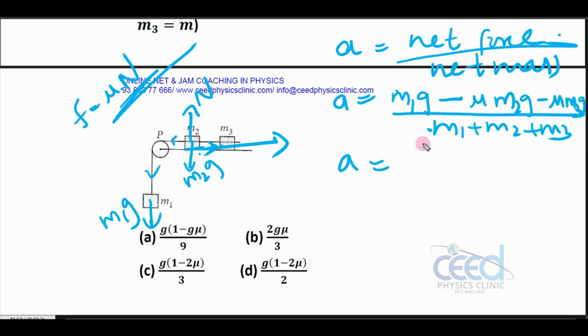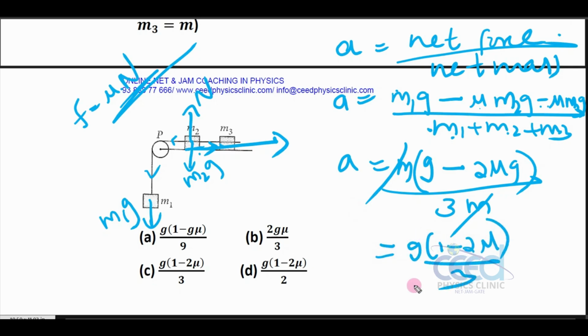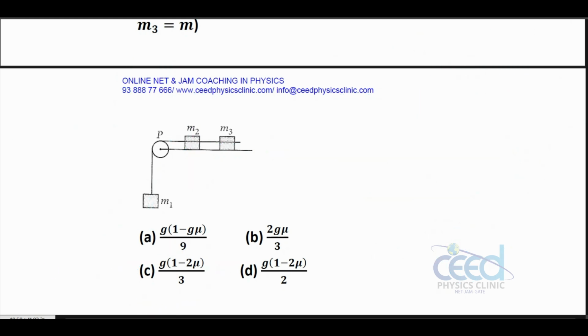Then you can take m out: g minus mu g minus mu g, divided by m plus m plus m, which is 3m. So g minus 2 mu g divided by 3. G also we can take out: g into 1 minus 2 mu divided by 3. Then option C is correct. All right.